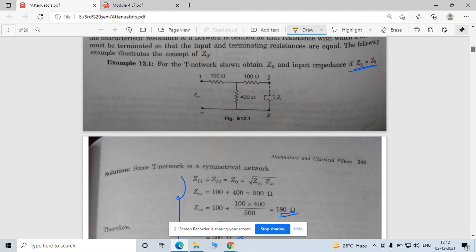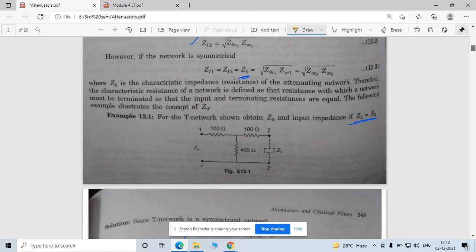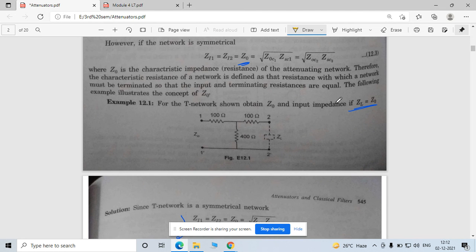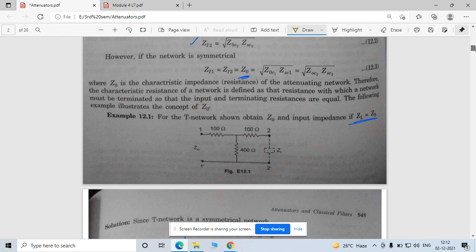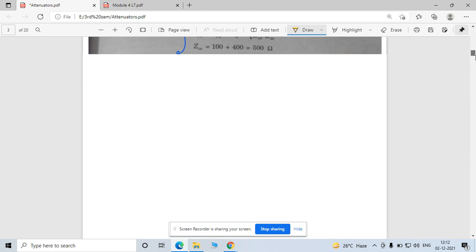So how to find the image impedance? Once you have to open circuit the port terminal, and the other time short circuit the port terminal. And that depends on which side of the image impedance you are considering. So what is the characteristic impedance? It is nothing but the square root of ZOC times the square root of ZSC.